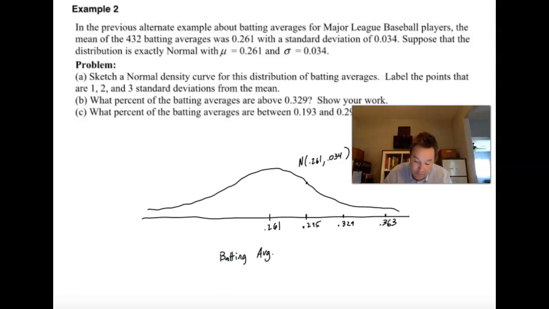And then on the other side, I'll subtract. 0.261 minus 0.034 is 0.227. Then that's 0.193.